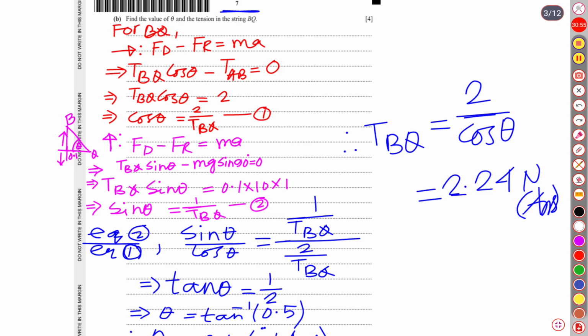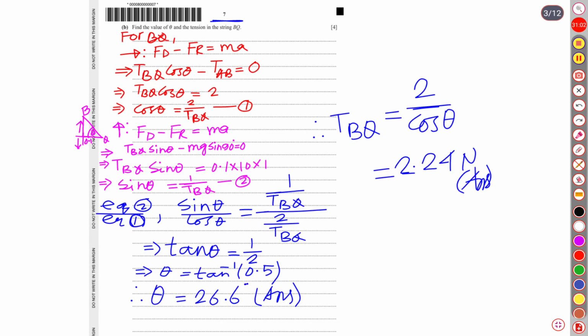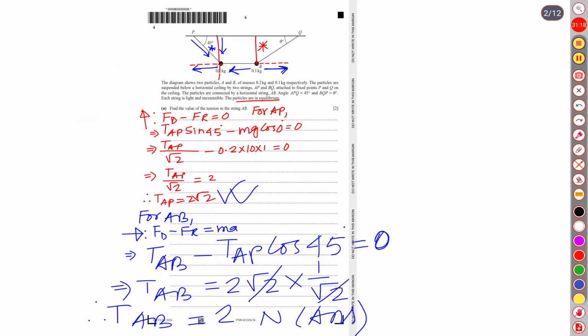And I think you have got my point. It is not difficult or complicated at all. Simply we have applied the concept of the motion law of Newton frequently. Okay. So this is the solution to part B of question number 4, and it was the first part of the question.